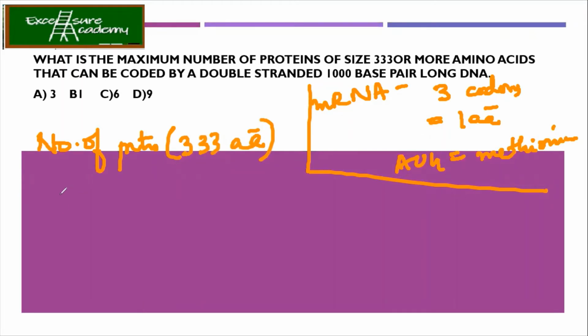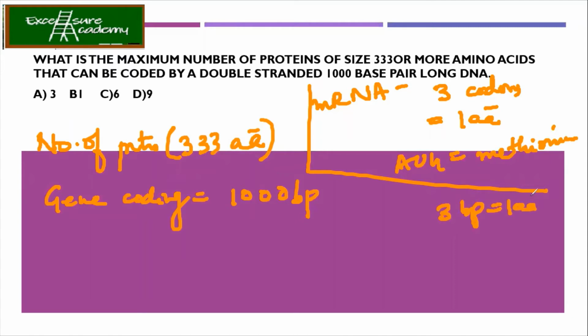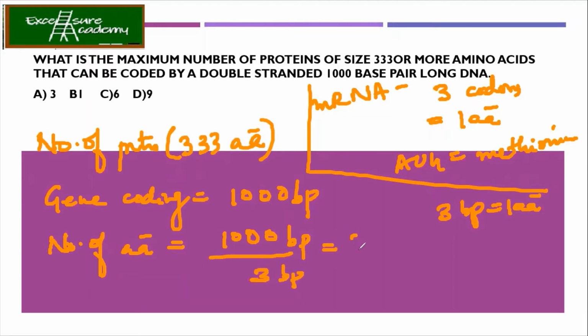The gene coding for this has 1000 base pairs, and I know that 3 base pairs give one amino acid. So the number of amino acids coded by 1000 base pairs is 1000 divided by 3, which is 333.33.